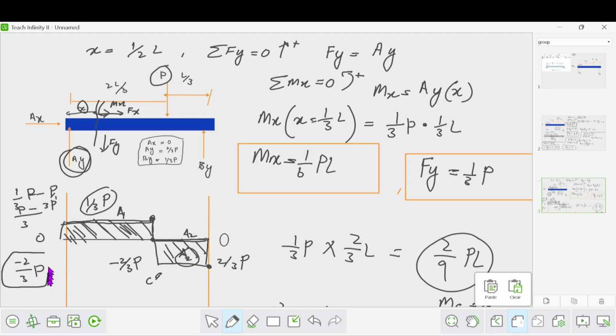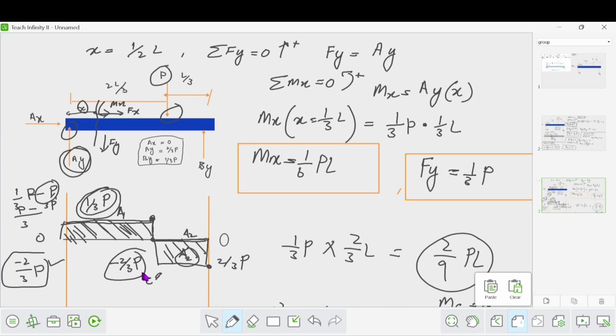You can find this by this formula. So this is P. This direction is up, and this is down. That's why I subtract this 1 divided by 3P, negative this, so this is negative 3P. If you solve this, it will become negative 2 divided by 3P.